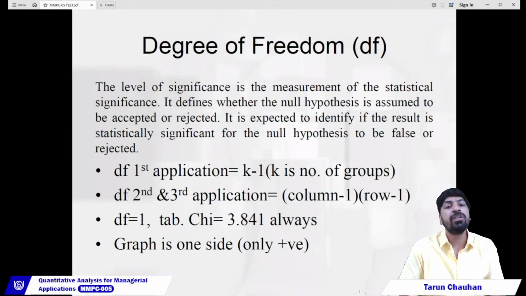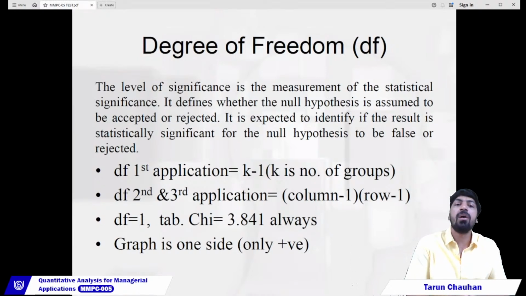Such a tool mainly defines whether the null hypothesis assumed by the researcher is to be accepted or rejected. It is a tool which always defines whether the null hypothesis being assumed is accepted or not. And that is what is called the degree of freedom.